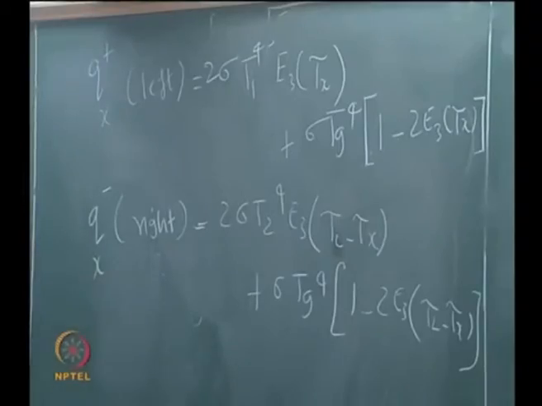But what is the direction in which this heat flux is coming? Heat flux is a vector, correct? Is it coming from left to right or right to left? Right to left. Therefore, if you want to have the net flux, you have to take Qx from the left minus Qx from the right, okay.